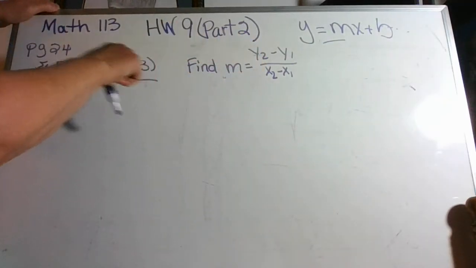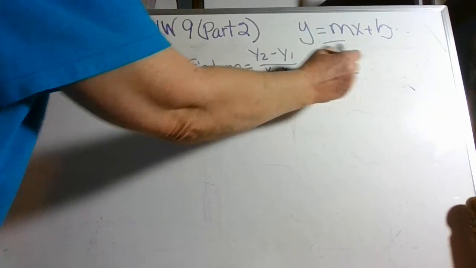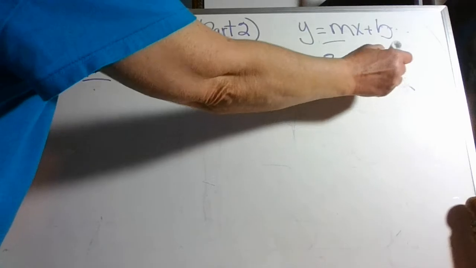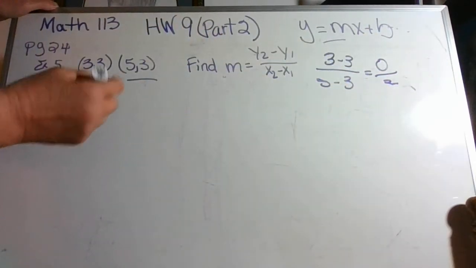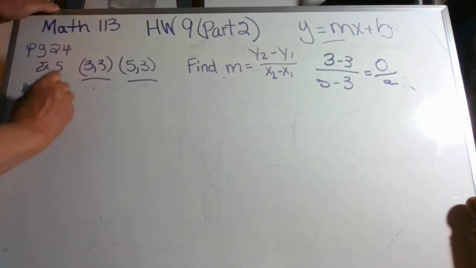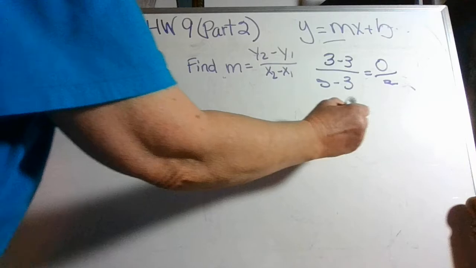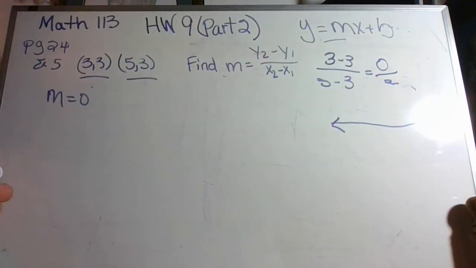Again, 3 subtract 3 over 5 subtract 3 is going to be 0 over 2. Anytime you have a 0 on the top, the slope is 0, and you're going to have a flat horizontal line. So let's go ahead and put that in.